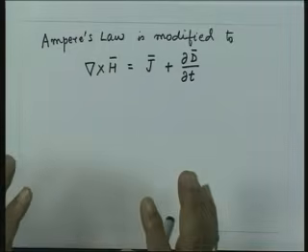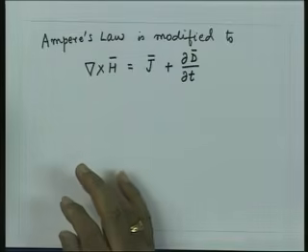That essentially resolves the difficulties faced by Maxwell, and now this gives you the complete description of the phenomena of electromagnetics. So, now we have the four equations: the Gauss law, the Gauss law equivalent applied to the magnetic field or magnetic charges, Faraday's law of electromagnetic induction, and Ampere's law appropriately modified to accommodate the displacement current density.